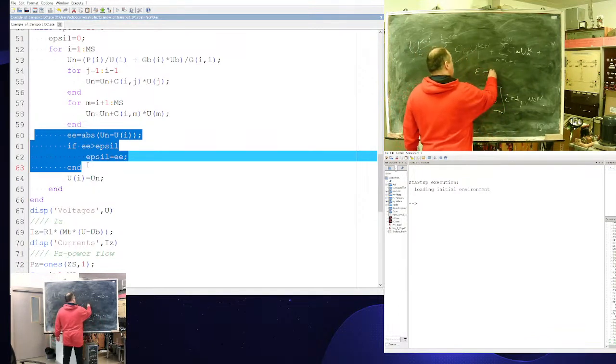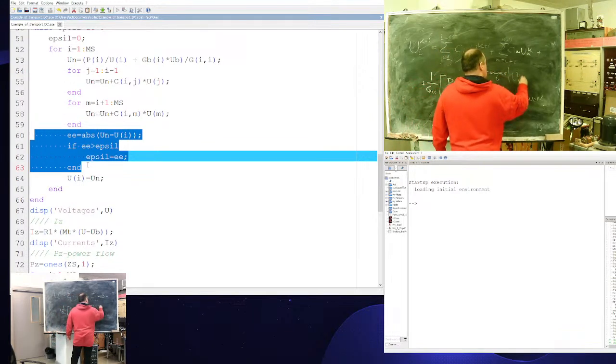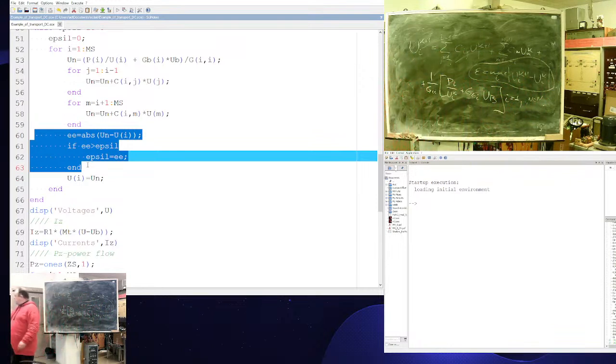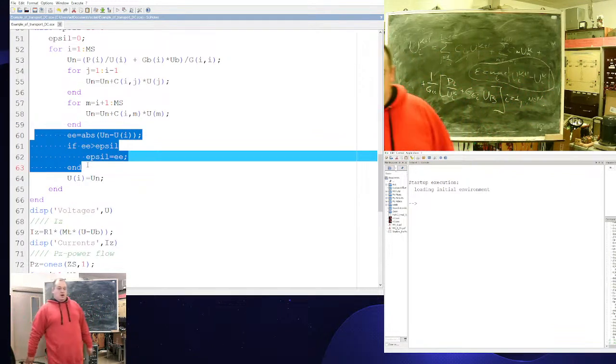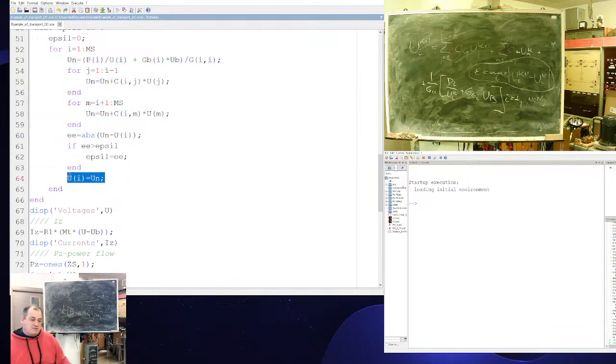Precision can be found as U_I next minus U_I previous. This part is to obtain precision, and when I have the next more precise voltage, I put it in the next place necessary.